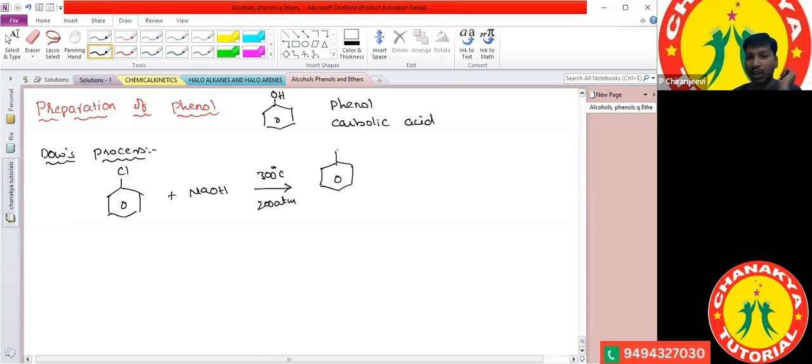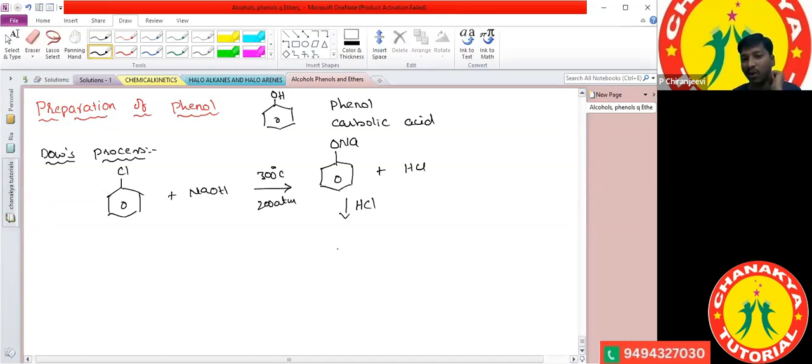So chlorine is replaced by ONa, and HCl is the byproduct. Whatever NaCl is formed, that is treated with hydrochloric acid.